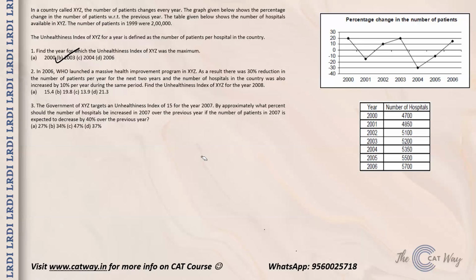So we need to calculate it again. The number of patients that we had in 2006 decreased by 30% for the next year and again by 30% the year after. So the final number of patients in 2008 was 95,596. Similarly, for the hospitals, from 5700 the number increased by 10% in the first year and 10% in the second year, to a total of 6,897.